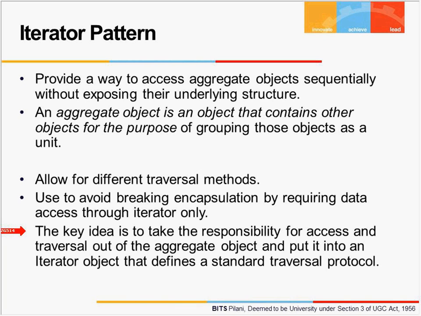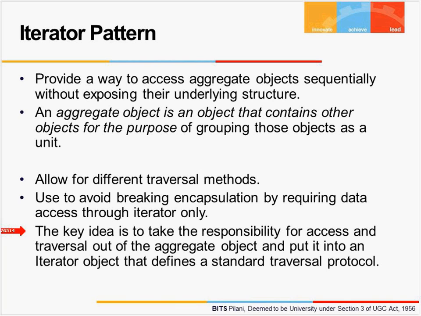The aggregate object is only responsible for aggregating and storing those objects within itself. The detailed part of traversing through that aggregate object needs to be implemented by another object, the iterator object, which takes care of the traversal part.